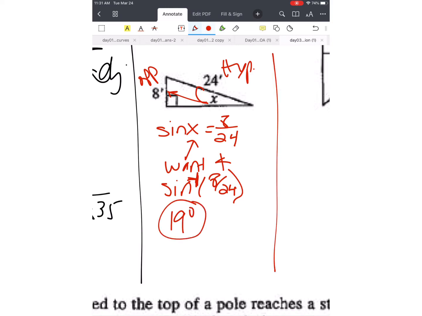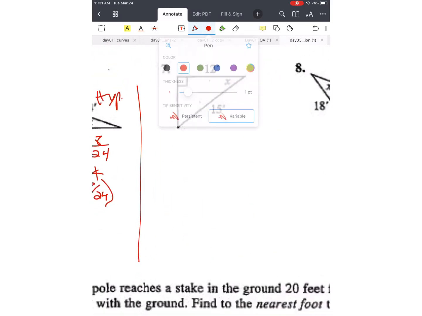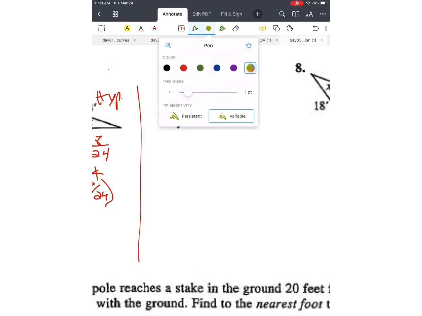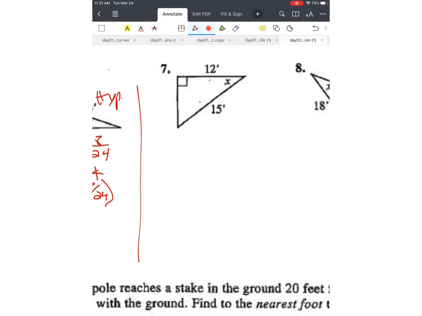Okay, and over here, let's get another color. Okay, so this is adjacent, hypotenuse. Hypotenuse, and this is adjacent.